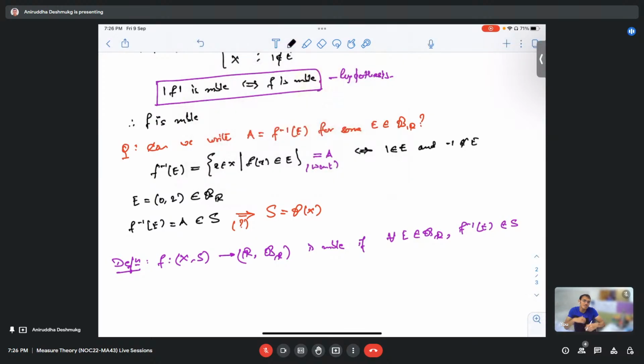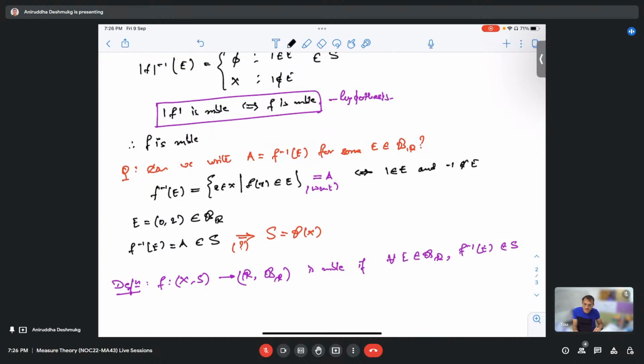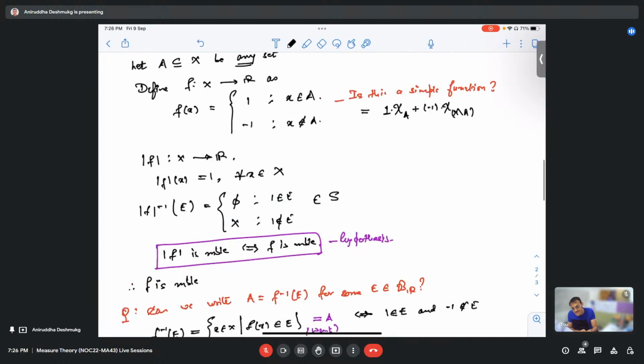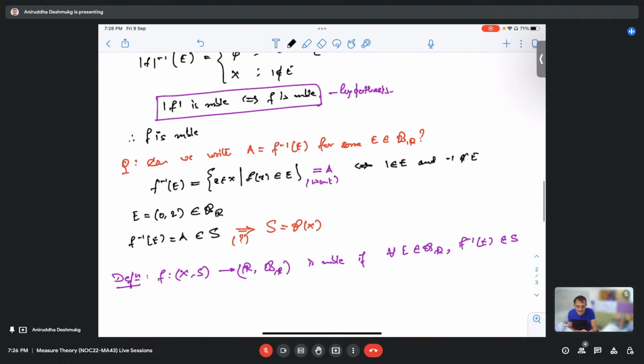Or one of the equivalent statements for measurable functions. So once we have this, and we have proved that f is measurable, this f inverse E must be inside the sigma algebra S, right? So we have not proved that the pre-image of every Borel set is in the sigma algebra. We have proved that you start with any subset of X, and that subset is inside the sigma algebra.